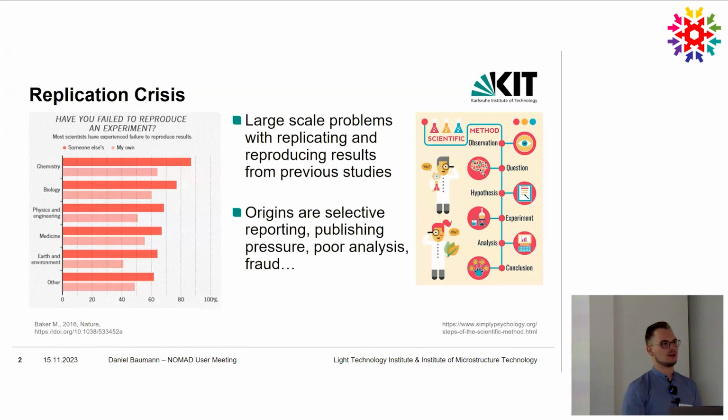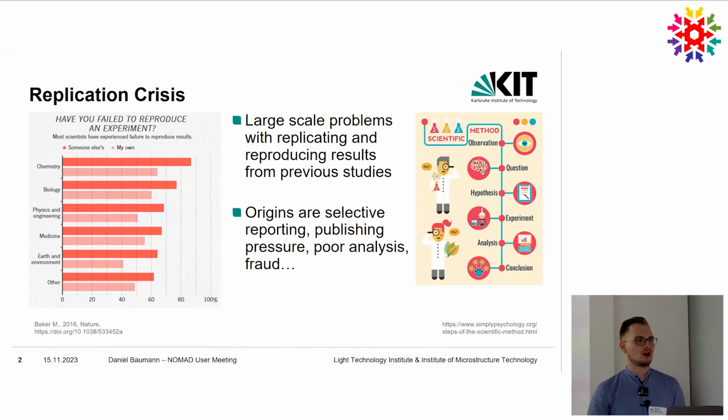A couple of years ago, there was a thing called the replication crisis, and a Nature survey found that even in the field of chemistry, more than 70% of researchers were at some point not able to reproduce results published in other papers.